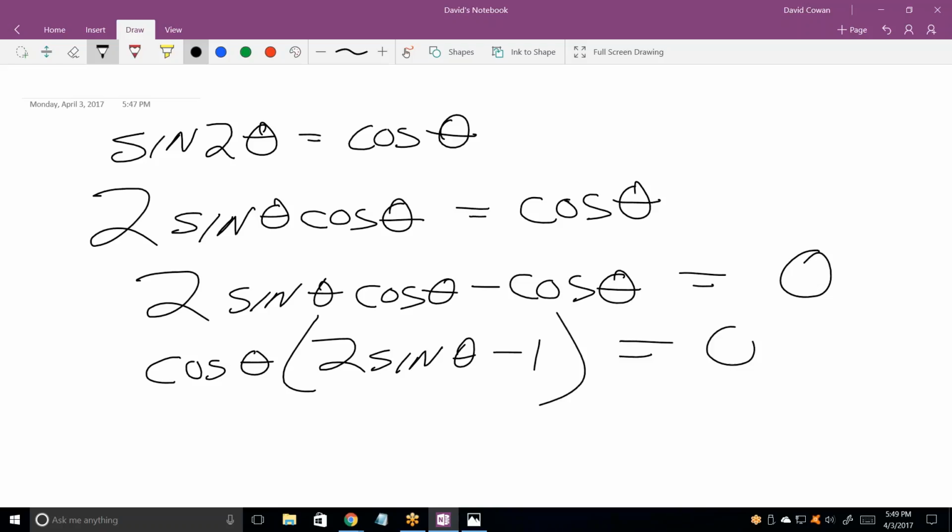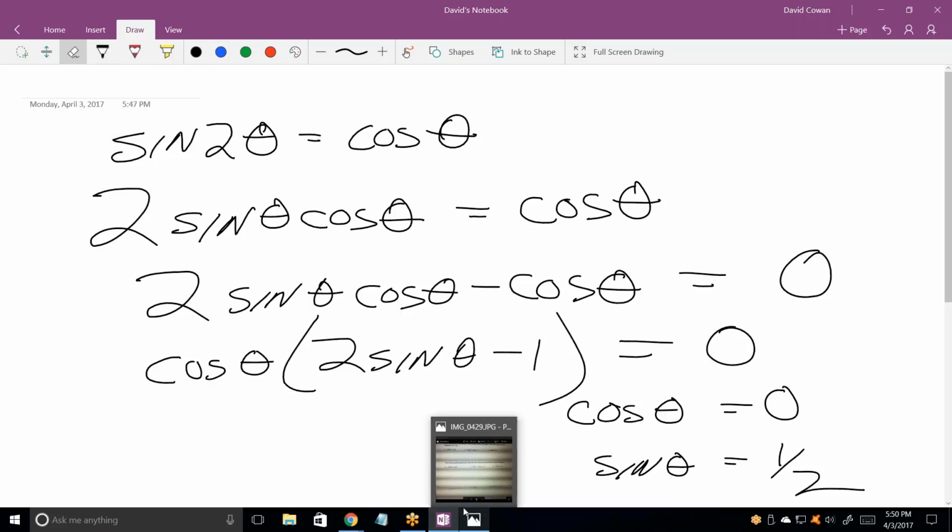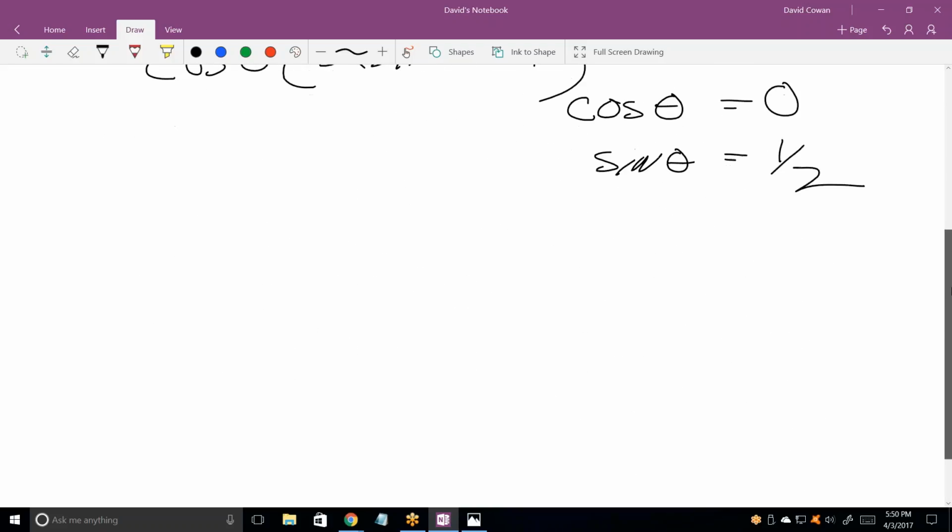Now I've got two quantities multiplied together equal to 0. Well, one of them has to be 0. So either cosine theta has to be 0, or let's just say sine theta has to be 1/2. I meant to do that step all at once. So either of those can be true, or both can be true.